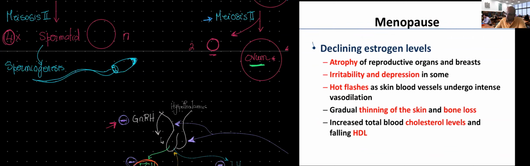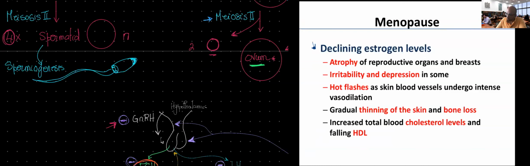The main reason for all these symptoms of menopause is going to be the decline in the estrogen levels. Decline in the estrogen levels is going to result in atrophy of the reproductive organs and breasts.